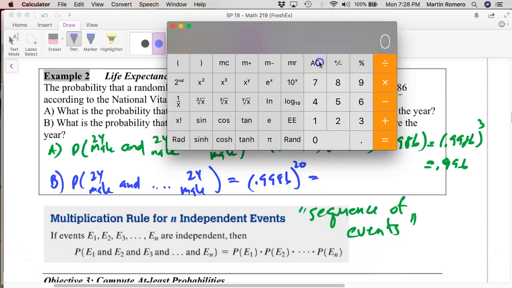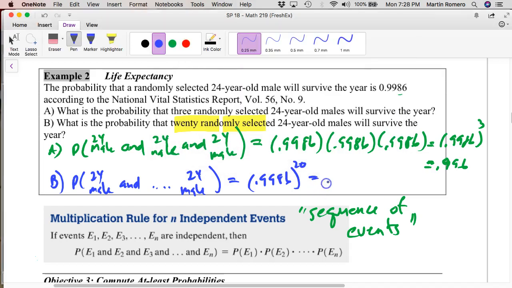So that's going to be 0.9986 raised to the power of 20. And so the probability that all 20 of them survive is going to be 0.972. So still a 97% chance that all 20 of those males will survive that year.